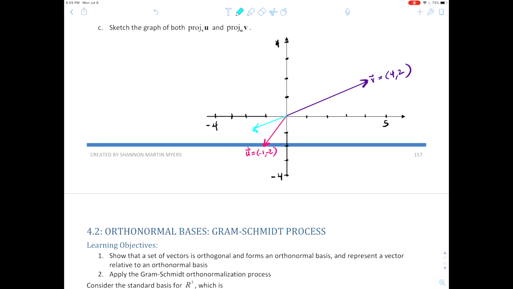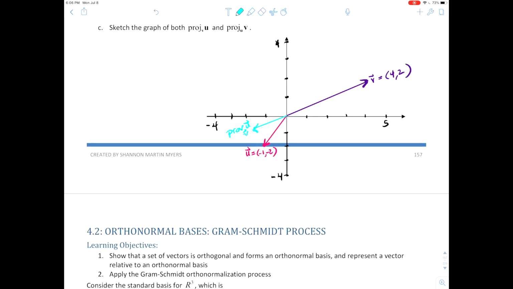And so, wow, look at that. That's the orthogonal projection of U onto V. Cool? And do you see that it's on V. It's literally on V, just going the other way.